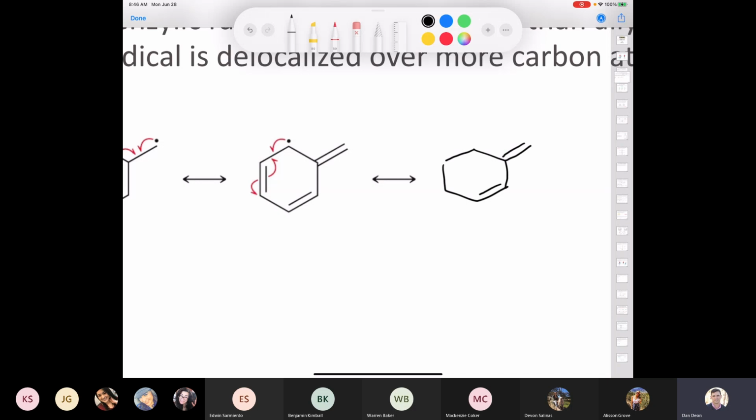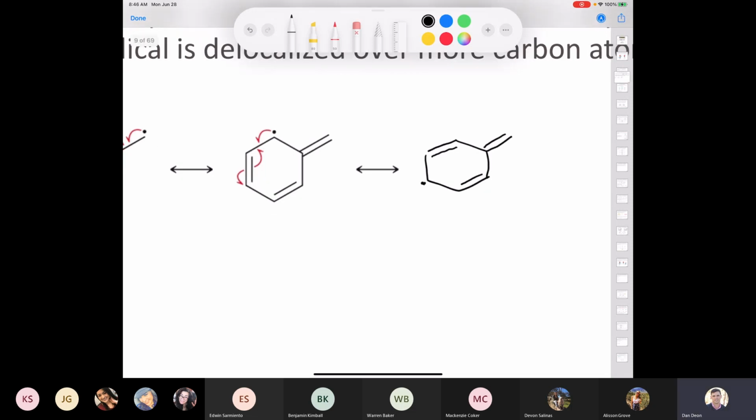But you can see that 2 fishhook arrows are meeting in between these 2 carbons. So we must be forming a double bond here. And again, one of those electrons came from this double bond, but the other one is ending up on this carbon here. So we have an unpaired electron here. And now you can see that we have another allylic radical here.